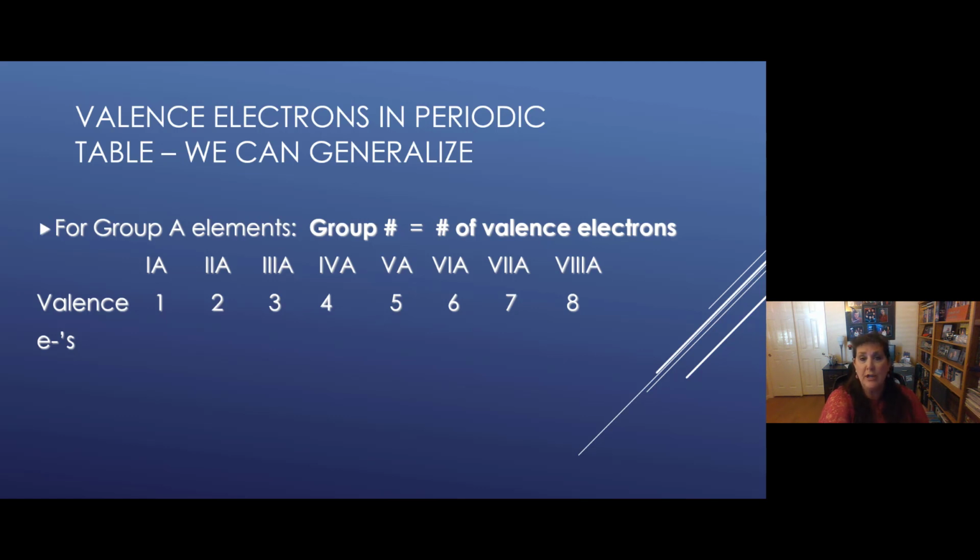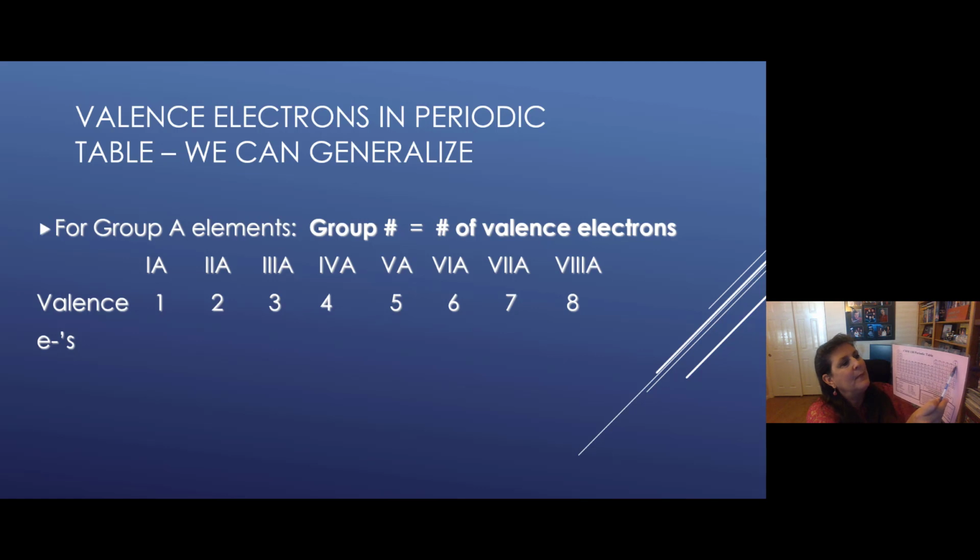Finally, the halogen column, fluorine, chlorine, bromine, iodine, and down. Column 7A has 7 valence electrons. They all end s2p5. 2 plus 5 is 7. 7 valence electrons. And we already mentioned, except for helium, the noble gases have 8 valence electrons because they're full. s2p6, 2 plus 6 is 8.